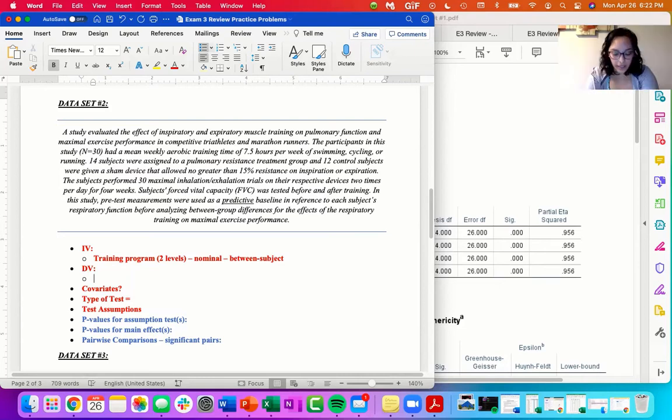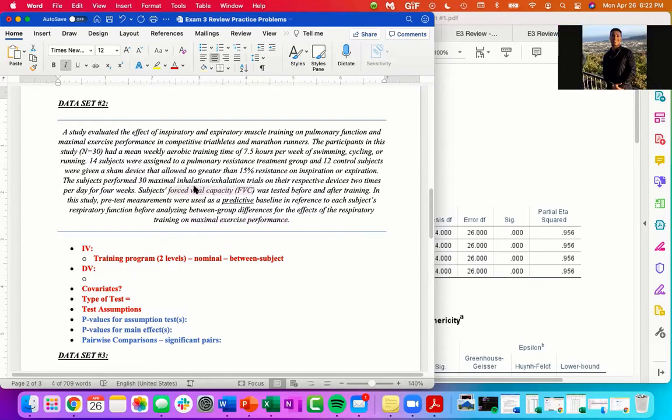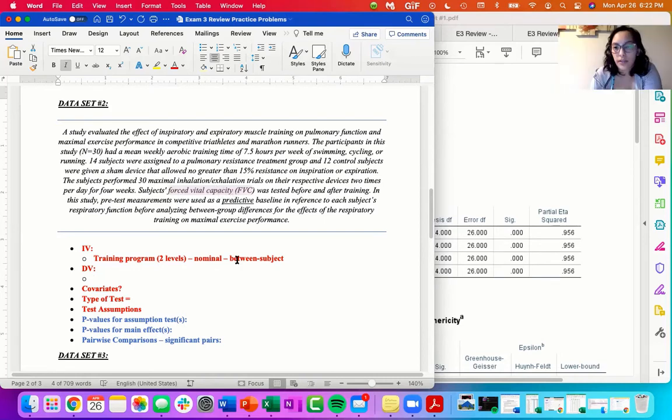What is the dependent variable? Is this the pulmonary function and max exercise performance? We could phrase it a couple different ways. We could call it maximal exercise performance. We could also say, what is their respiratory function as measured by forced vital capacity. So I'll put all of those options here.